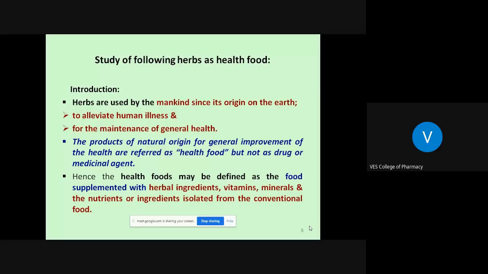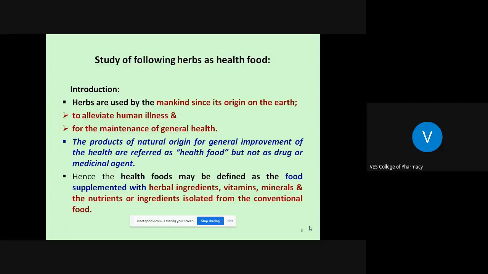Some brief introduction on herbs as health food. We are all aware that herbs have been used by mankind since its origin on the earth. Herbs are used to alleviate human illness and for maintaining good health.